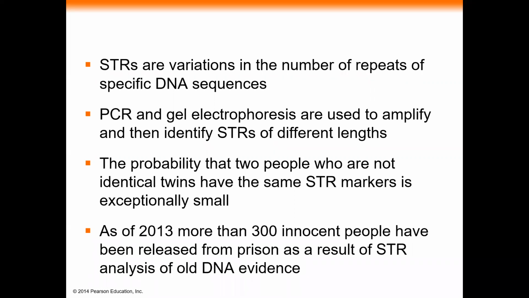And I know we're not a political science or a sociology class, and there's a lot of other problems with the criminal justice system, but on the genetic side here, we can use these genetic technologies now to show someone's innocence of a crime using these short tandem repeats. And it says here, this factoid, as of 2013, more than 300 innocent people have been released from prison due to the analysis of these repeats.